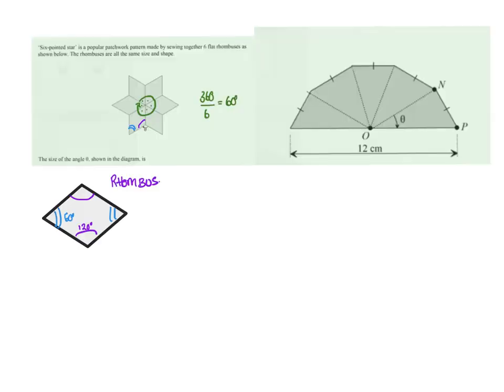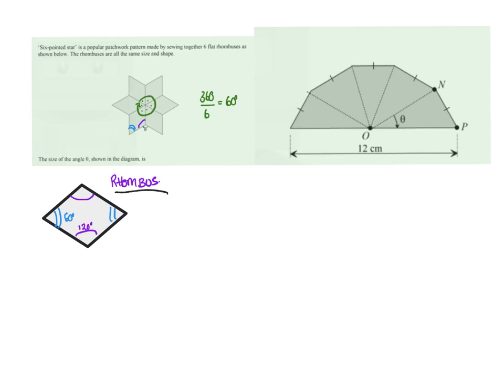Okay, here's another one. It says a 6-pointed star is a popular patchwork pattern made by sewing together 6 flat rhombuses as shown. So a rhombus is, and you might have to have these on your summary sheet, the diamond shape where the opposite angles are equal.